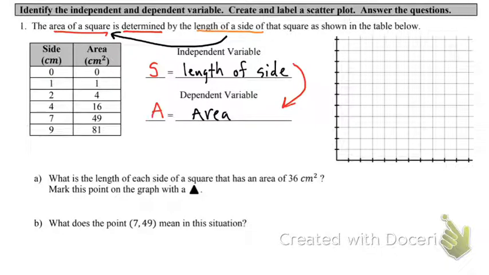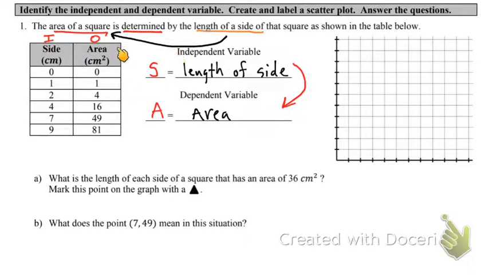In IM1, you learned about input and output. So this is the input, and this is the output. You can think about independent and dependent variables as input and output. The output, or the dependent variable, is determined by the input, the independent variable.